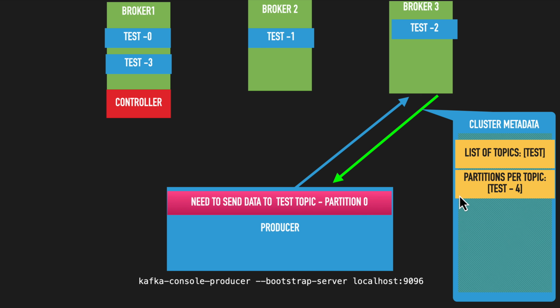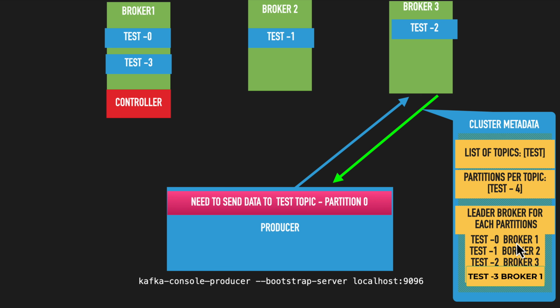And with this reply, one more thing will come: the leader broker for each partition. Let's say for partition 0, broker 1 is the leader. For partition 1, broker 2 is the leader. For test topic partition 2, broker 3 is the leader. So all this leader information, wherever that particular partition is available, came with the cluster metadata.